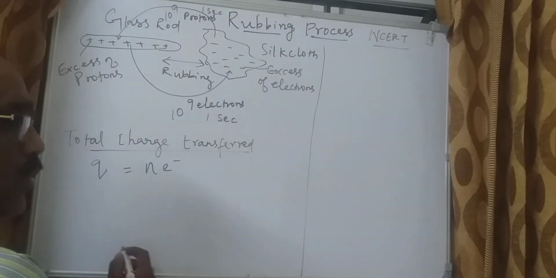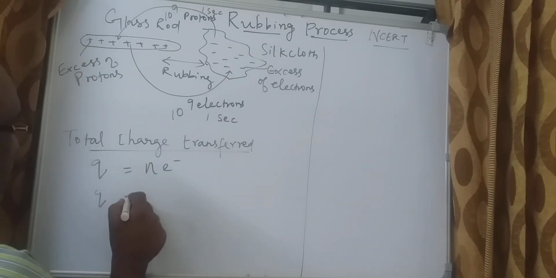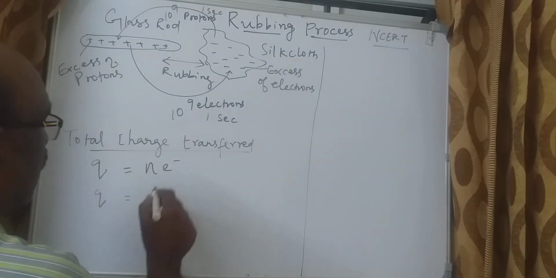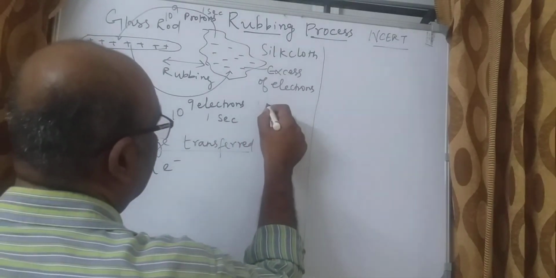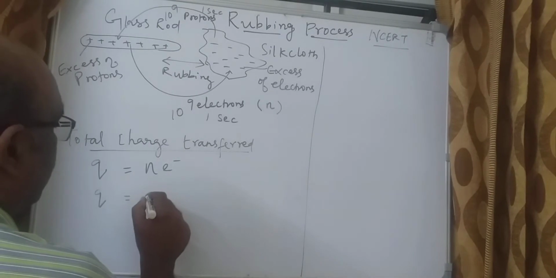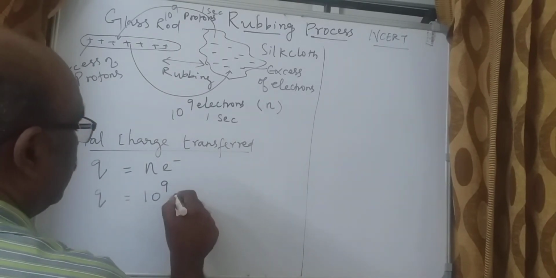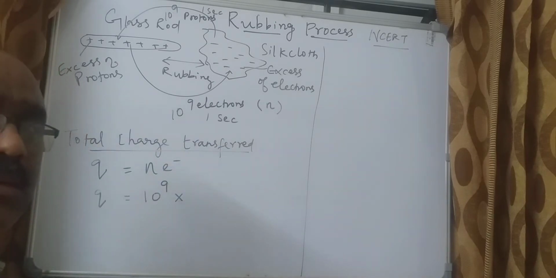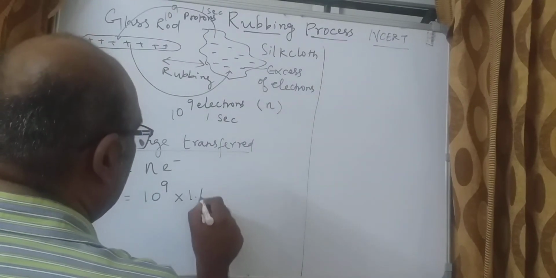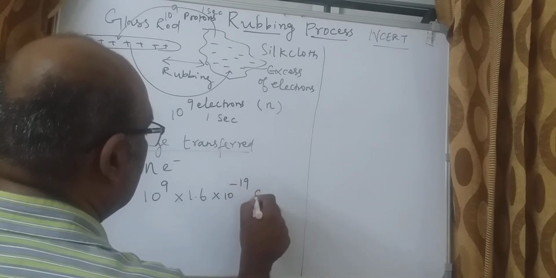So let us now find the net charge. Here Q is equal to n e, where n is the number of electrons transferred. So it is 10 to the power of 9 into the charge of the electron, which is 1.6 into 10 to the power of minus 19 coulomb.